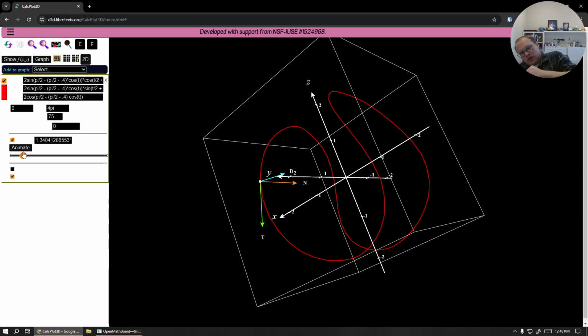If you turn, the unit normal vector is the direction opposite of where you feel like you're being pulled. You feel like you're being pulled one way because the roller coaster on the track is actually curving the other way. It's curving in the direction of the unit normal vector.